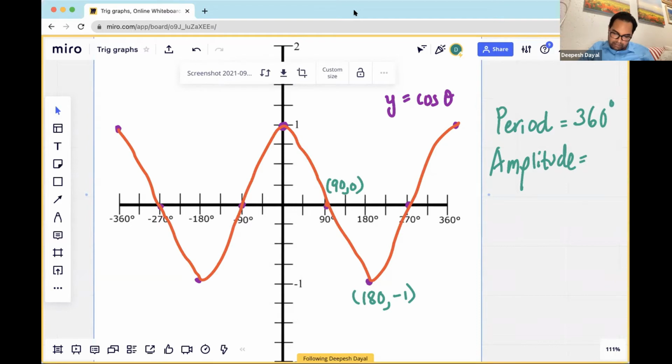The amplitude is the distance from the maximum point or the minimum point to the x-axis, right? So it's going to be 1. So the amplitude is 1. And the range is between -1 and 1. There we go. Okay, so this is your cos graph.